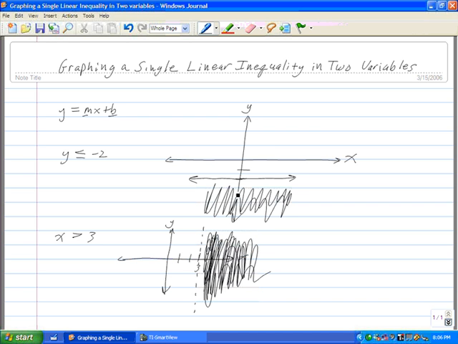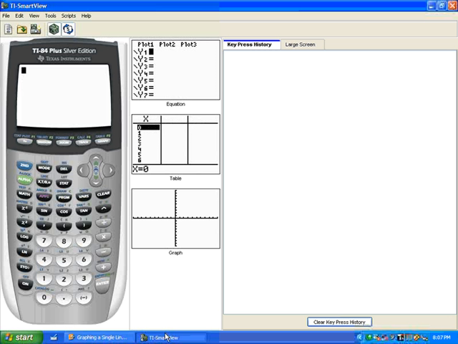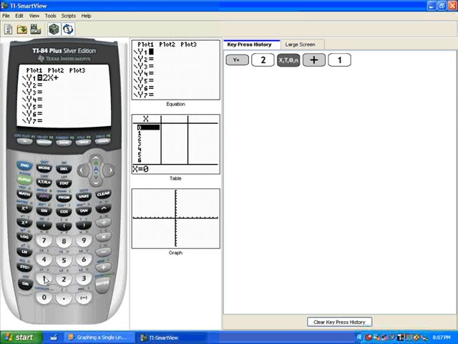If you have any trouble getting your lines drawn, you can actually use your calculator. So let's come up with another problem to look at. Let's say I had y greater than or equal to 2x plus 1. I could go to the calculator, hit y equals, and put in the 2x plus 1.